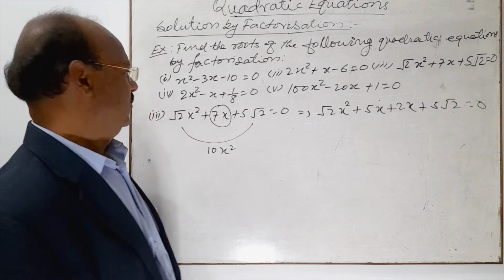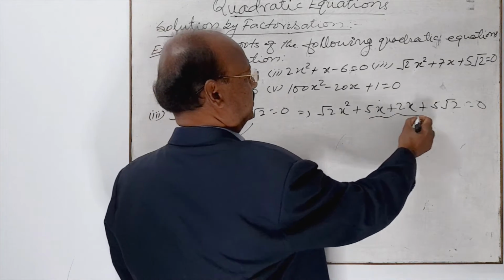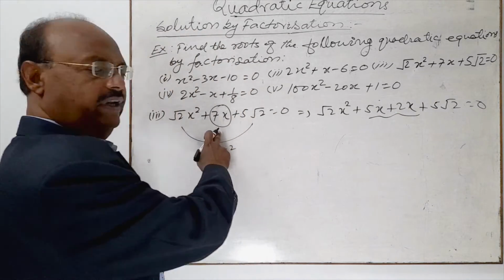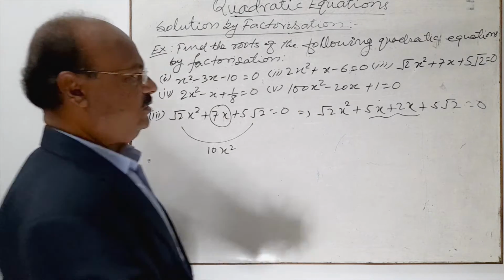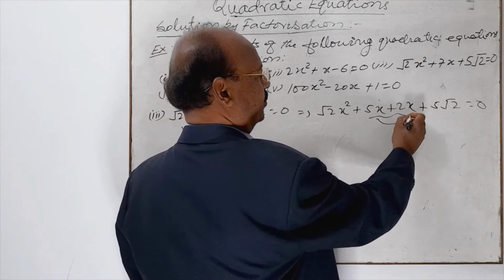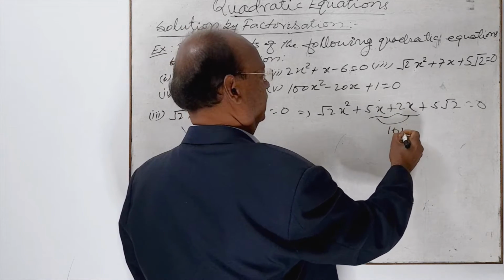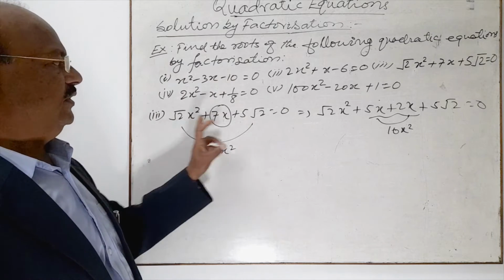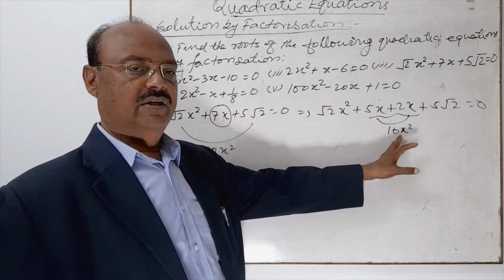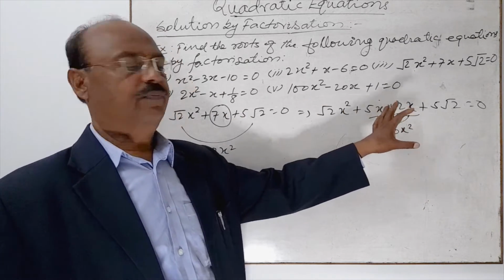You check here, 5x plus 2x, you are getting the value 7x. There is no difference. And the product of 5x and 2x is 10x square, the same as the product of the first and last terms. So this step is correct.